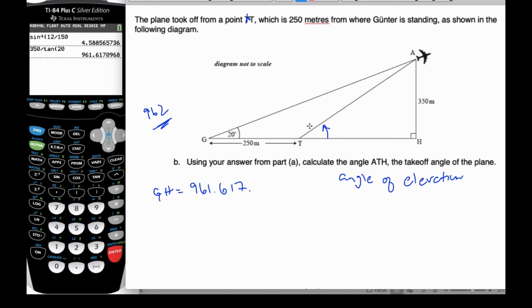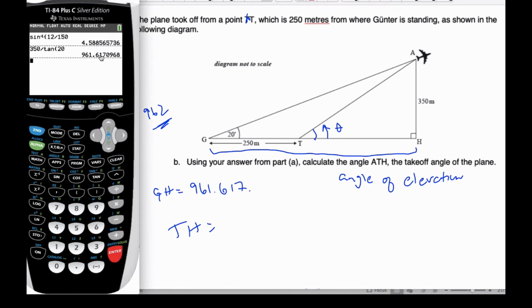We are looking for this angle here, which I'll call theta. If this is 250, the whole distance was 961.617, so TH will be 961.617 minus 250. I'm going to keep this value on my calculator and subtract the 250.